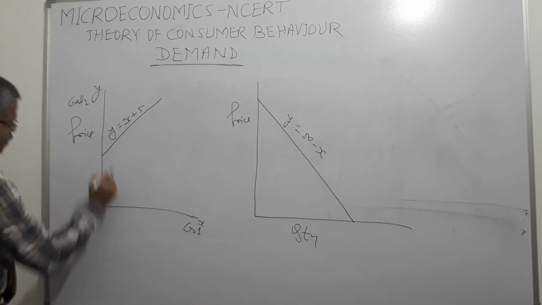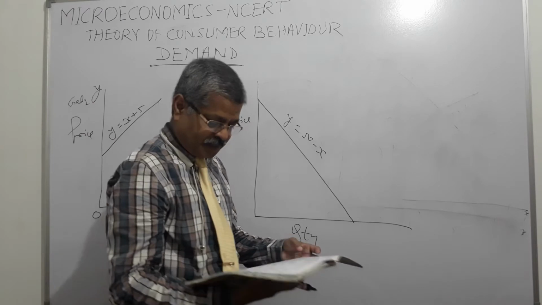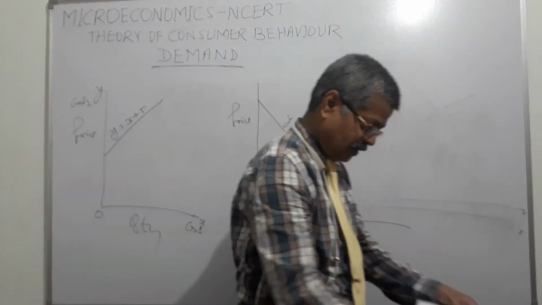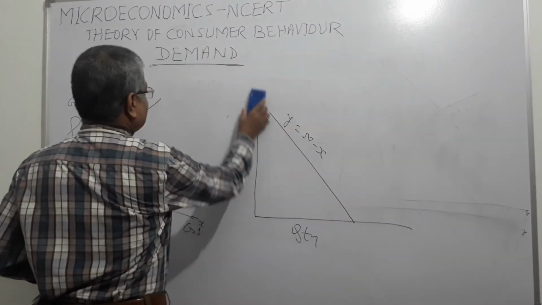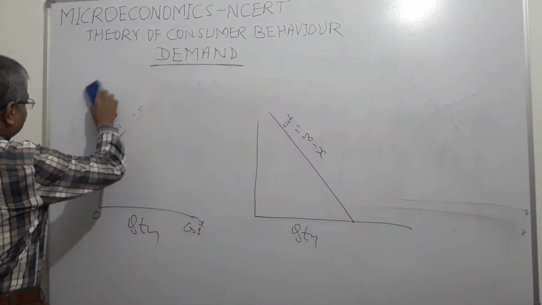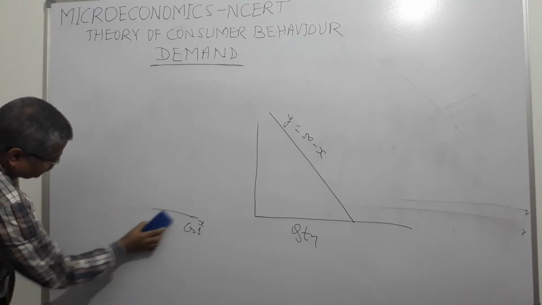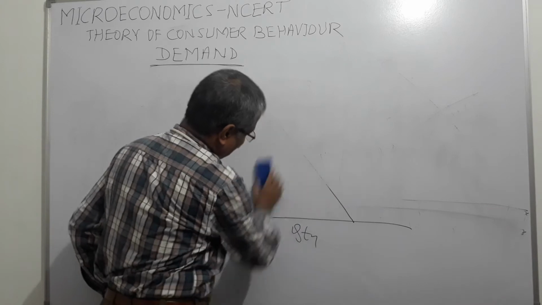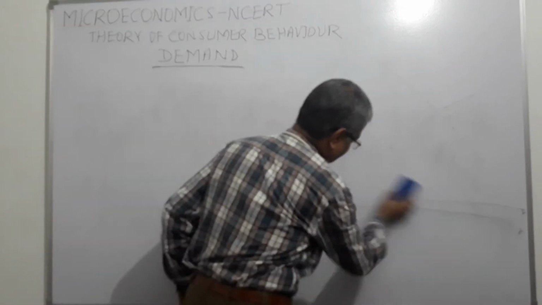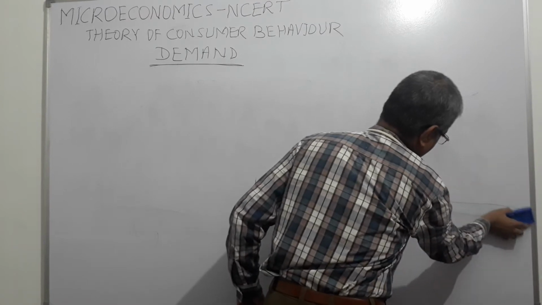Price, quantity. Now we go ahead: the demand curve and the law of demand. What is a demand curve? See, other things remaining unchanged, when the price of a commodity goes up, the demand goes down, right?